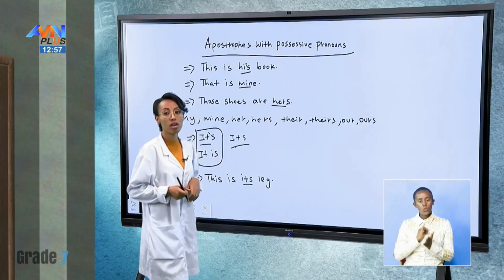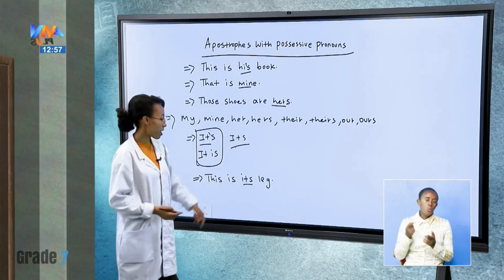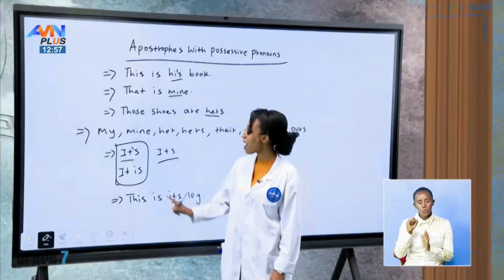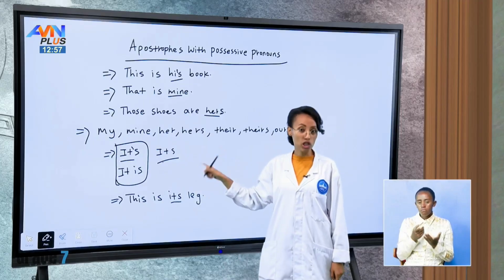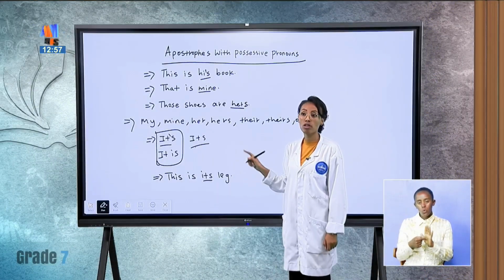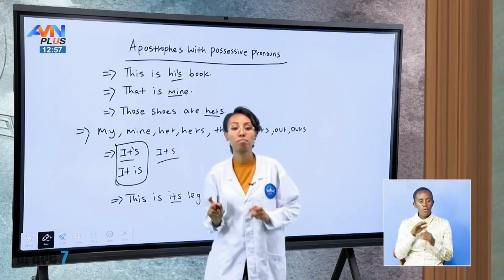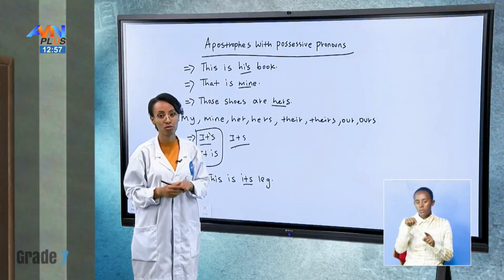It could be, in this case, the dog's legs, right? So it is showing possession. So we don't need to add an apostrophe when it becomes possession, because it already shows possession on its own without adding an apostrophe. These are the rules that you must remember not to do when you are using apostrophes.